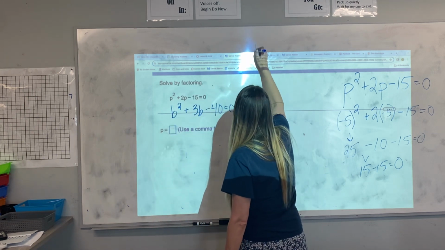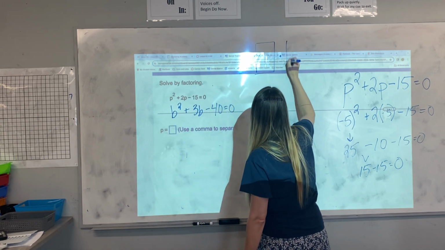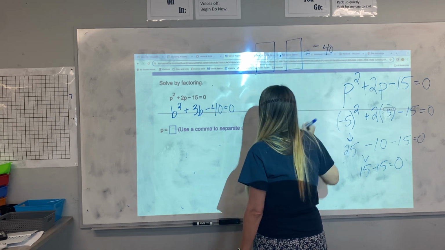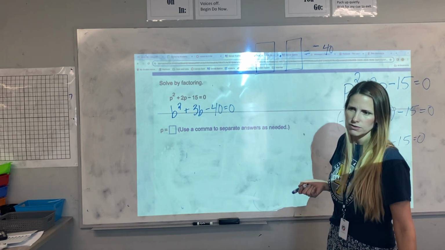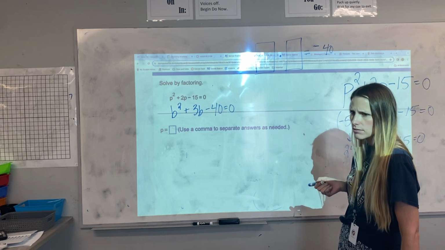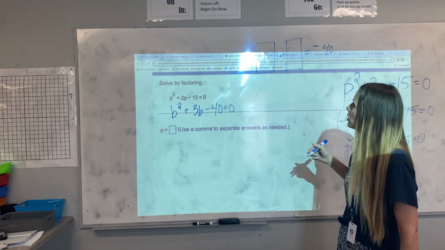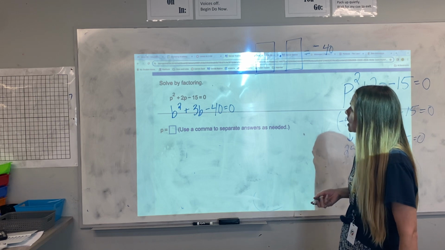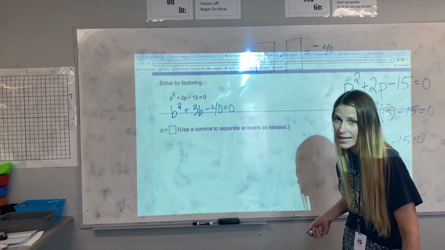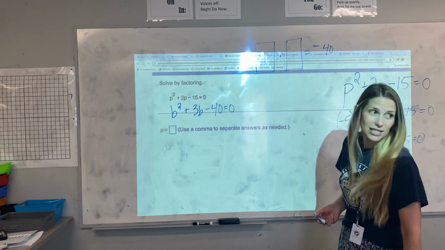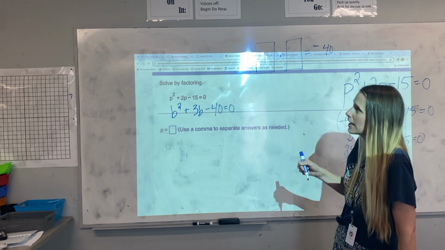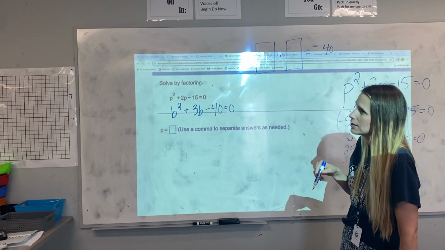Did you make your boxes? No? Box times box equals negative 40. It's a harder number because 40 has lots of factors. It has 1, 2, 4, 5, 8, 10, 20, 40.